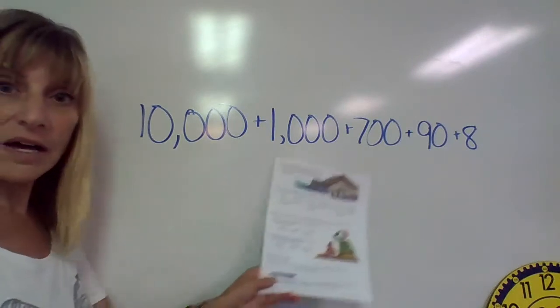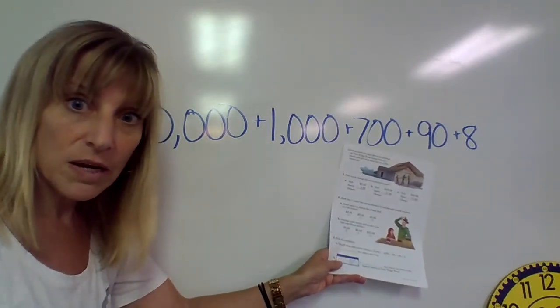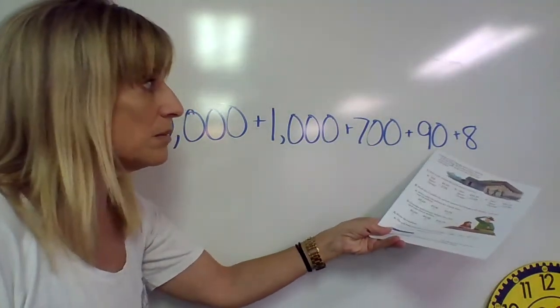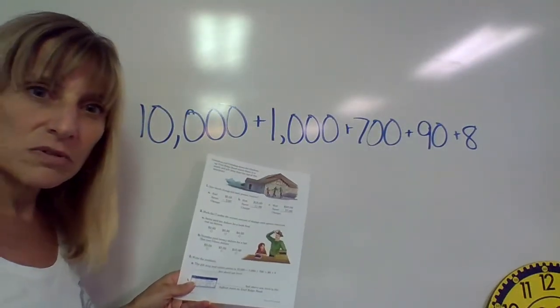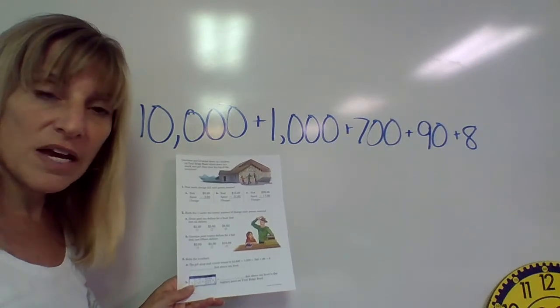Okay? That is a lot of numbers to add up. But each number represents a different place value. So it's not hard to add all these up.